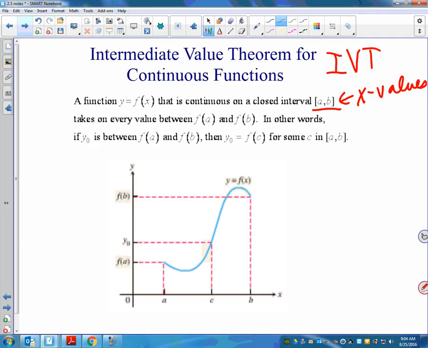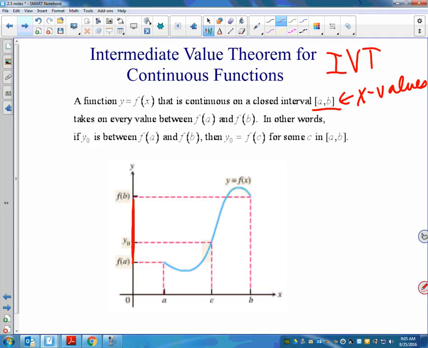So you have this point A here, and up here you get the y value, f of A. Then you have your B, and up here f of B would be the y value. So the intermediate value theorem says if all these x values are used from A to B, then all these y values also have to be used from A to B.